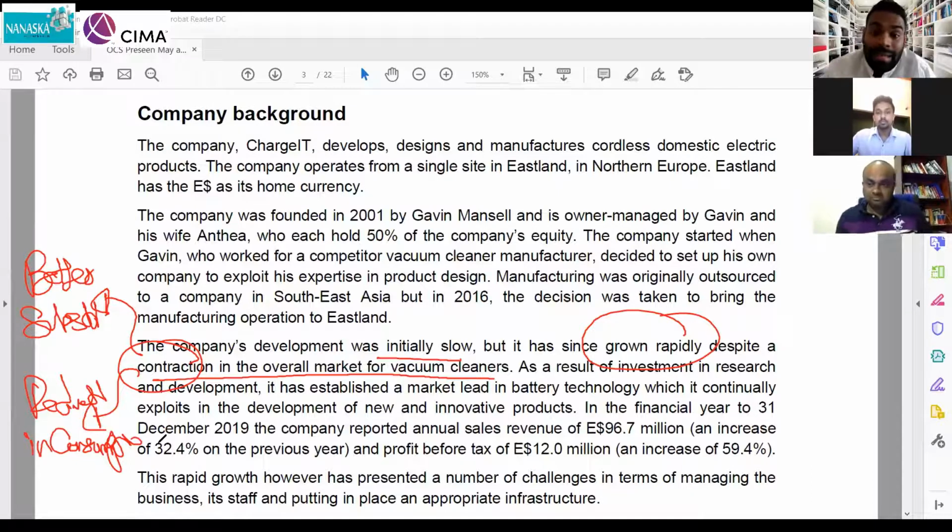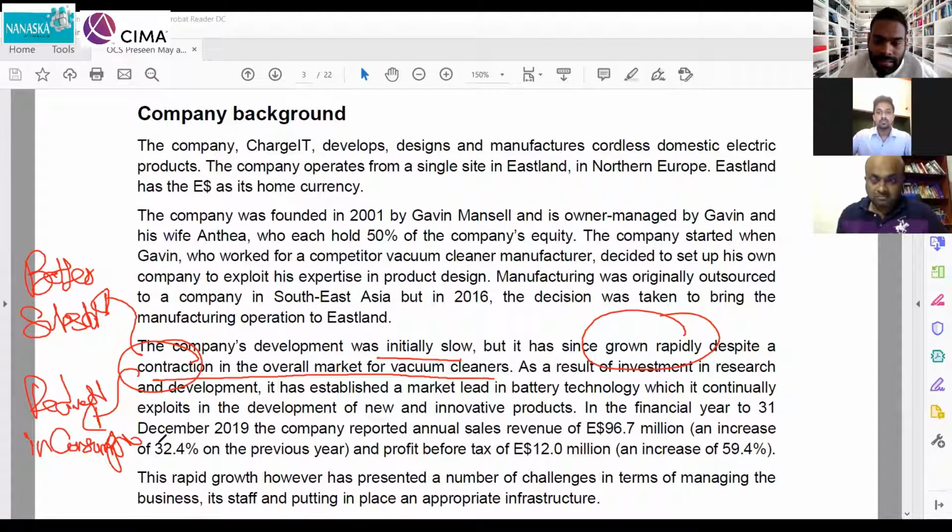And you should consider this as an opportunity to figure out where your weakness is and what the reason is for the overall market to shrink, and develop your product in such a way that it boosts your sales in the long run. So there are two areas that we need to be concerned about: whether the customers are switching to a better product, or whether there is a reduction in consumption.